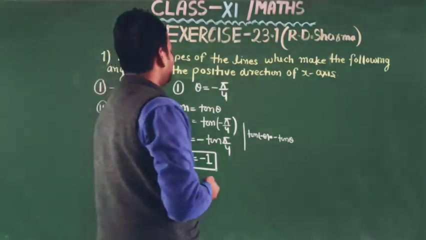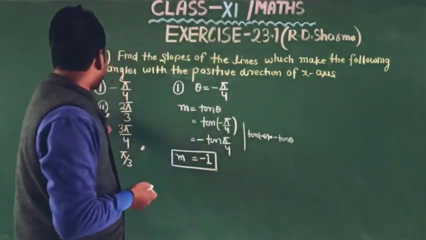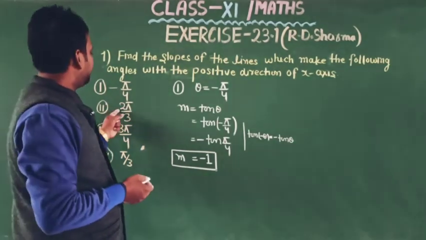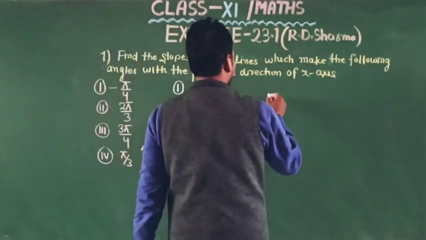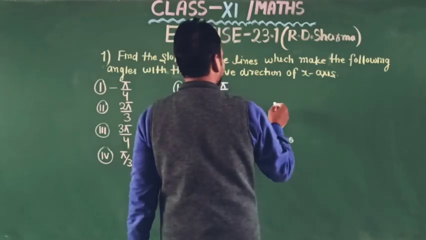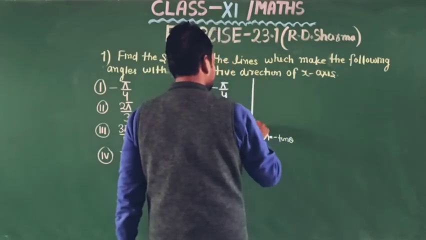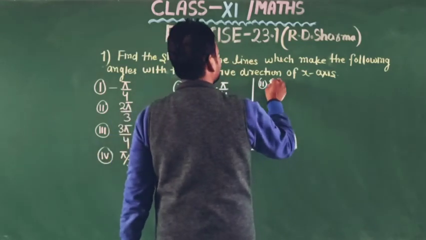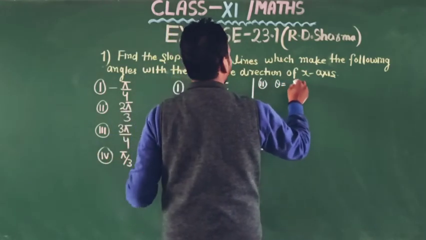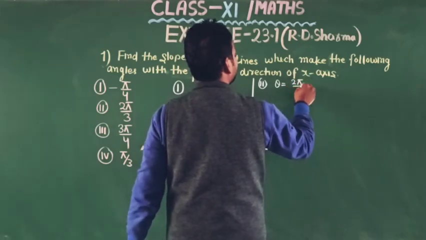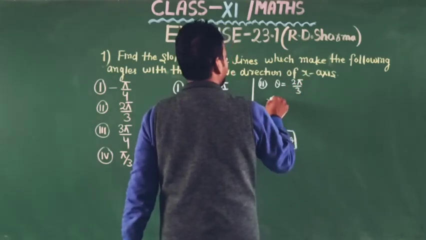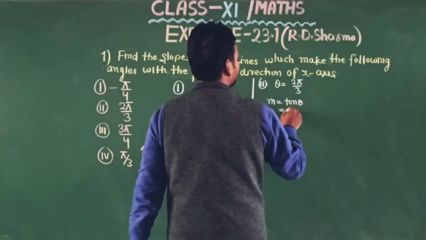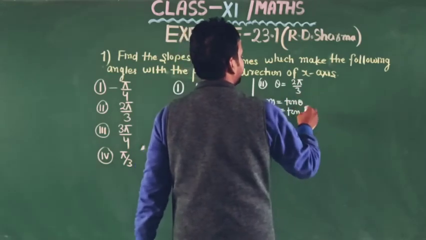Now move further to the second part. Here theta is given as 2 pi by 3, so slope m equal to tan theta, which is tan of 2 pi by 3.